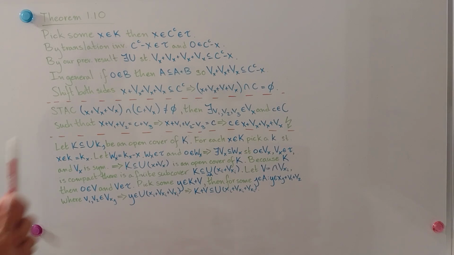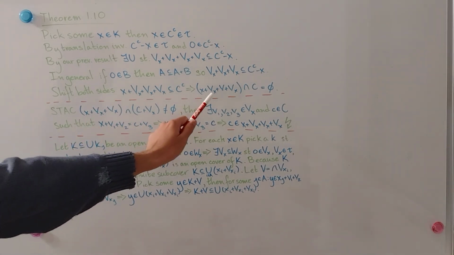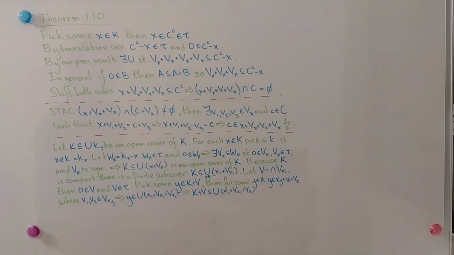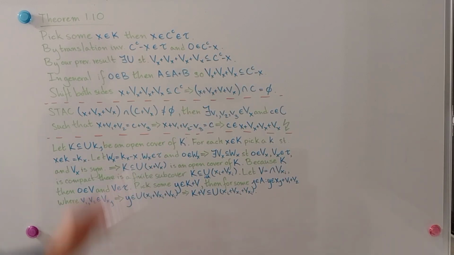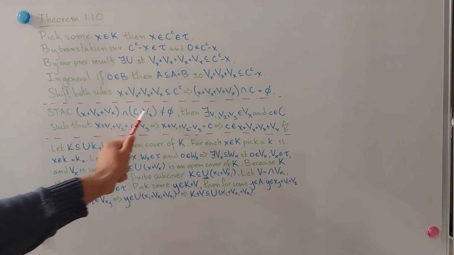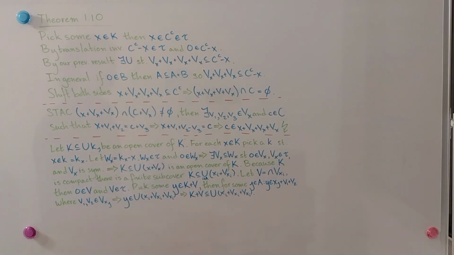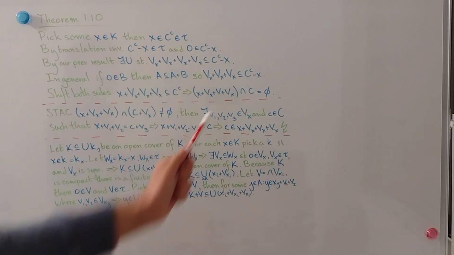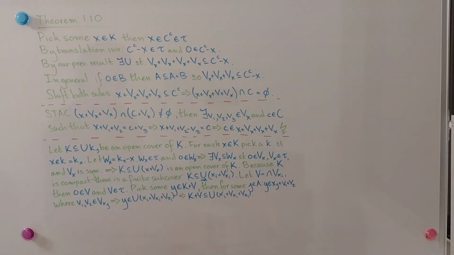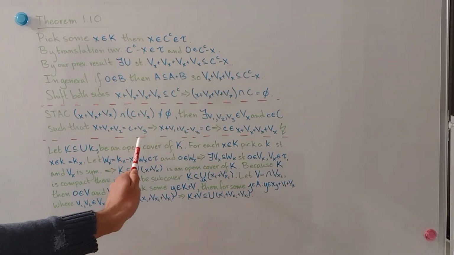And now, again, it's important to note that the only assumption for Vx right now is that it's symmetric. So we'll take a look at this next. Suppose towards a contradiction that this intersection is not empty. Then that means there are vectors inside of Vx and an element inside of our closed set C such that this relationship is true.